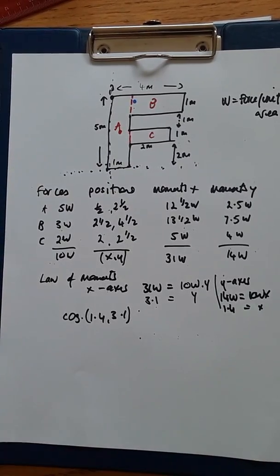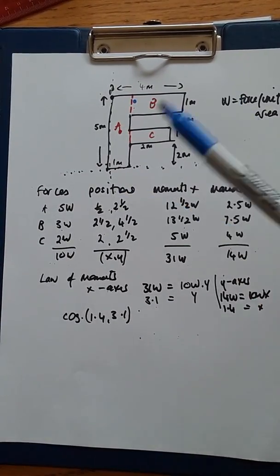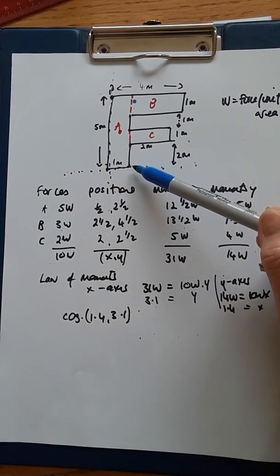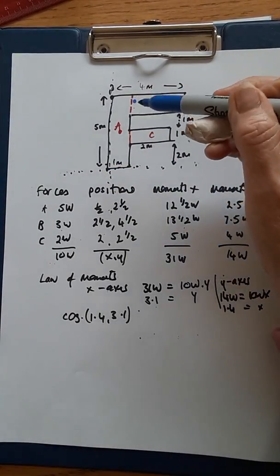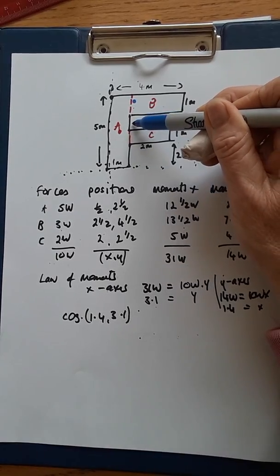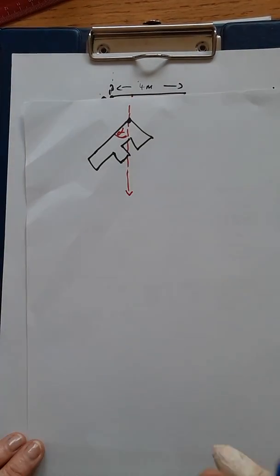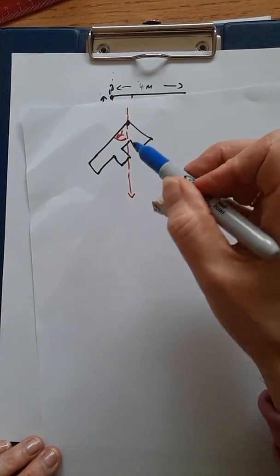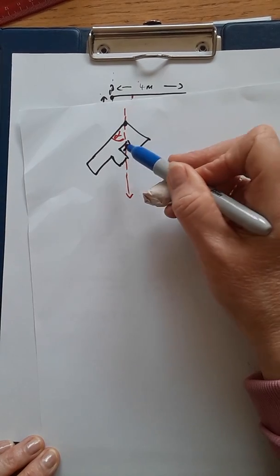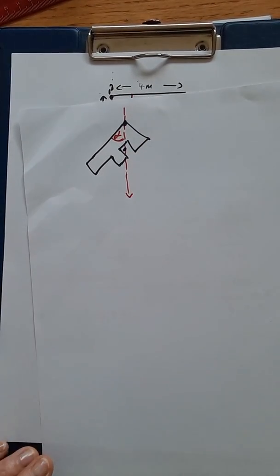It's at 1.4, 3.1. So 1.4 out the x-axis and 3.1 up the y-axis will bring its centre of gravity to somewhere around there, so just above the C position. So that's where the centre of gravity is.